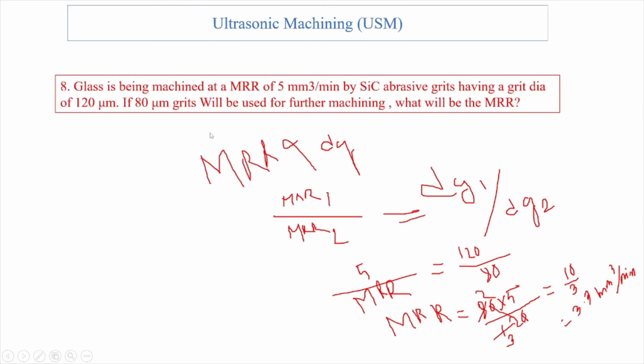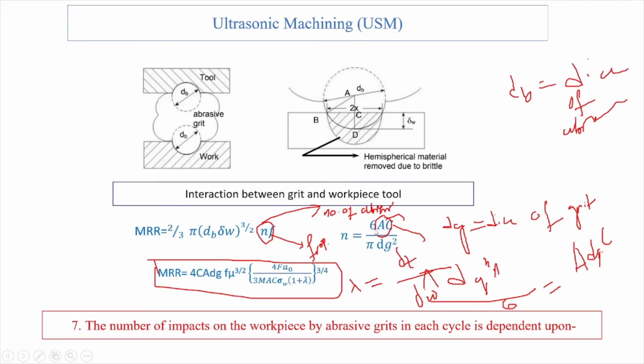Then the simple numerical we solved, where we can ask, if the indentation depth of the workpiece, delta W, varies, how will MRR change.